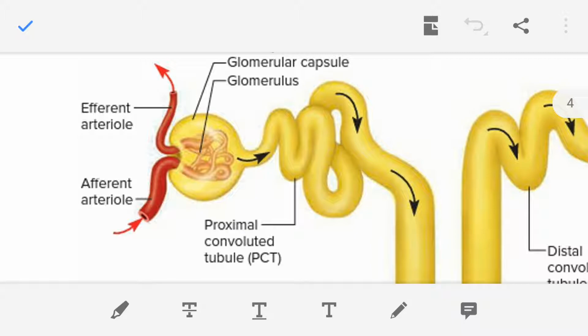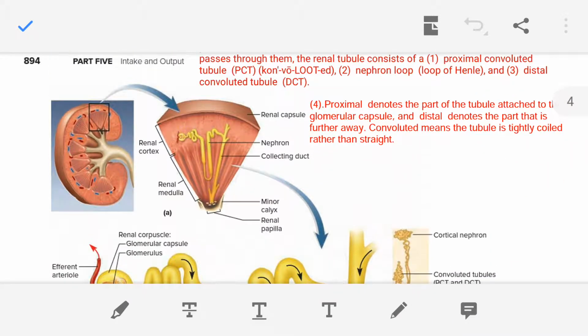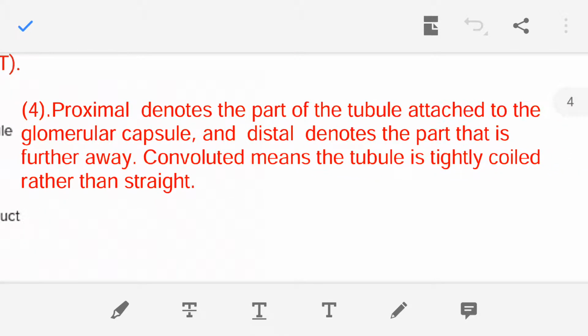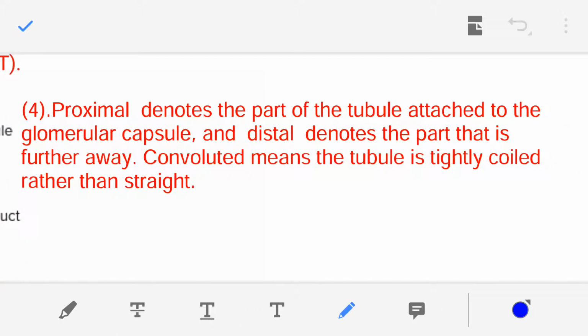Since this portion is very close to the glomerular capsule, that's why it is known as proximal. Proximal means in the vicinity or closeness.